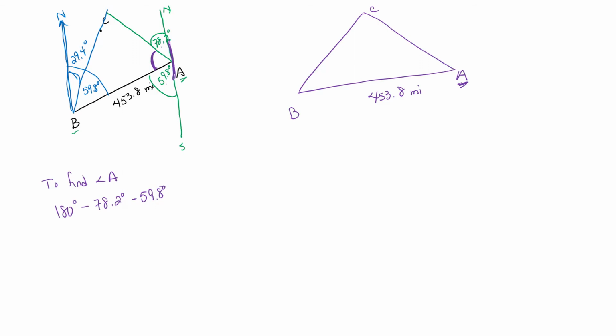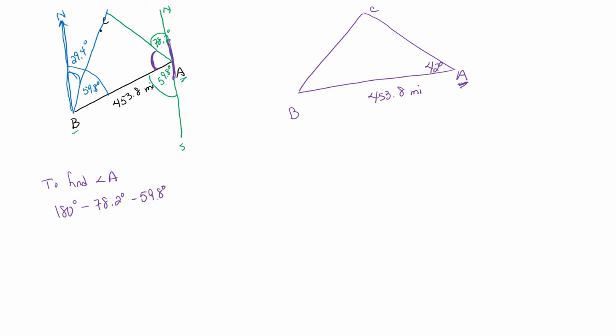And when you do that, I got that angle A is actually going to be 42 degrees. Cool. So, I have one more piece of information in the triangle that is clearly formed.